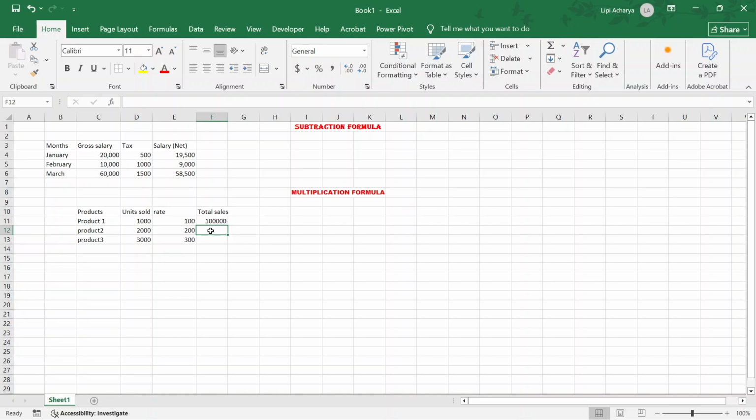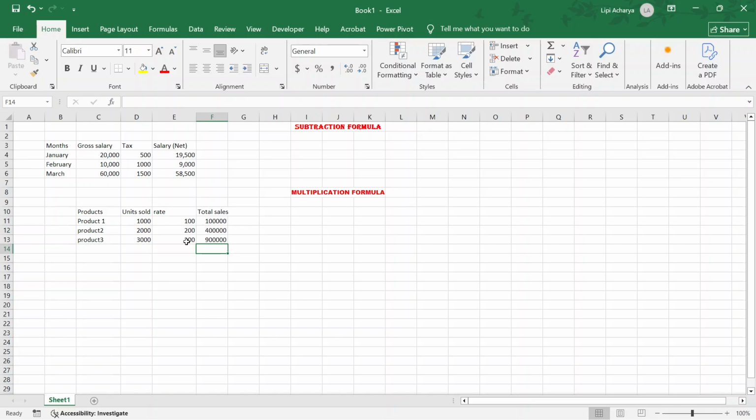Simply I write equals to first bracket, units sold 2, this one, and you will get the answer. Then again equals to first bracket, this one, into this one, bracket close, enter. Okay, so this is multiplication.